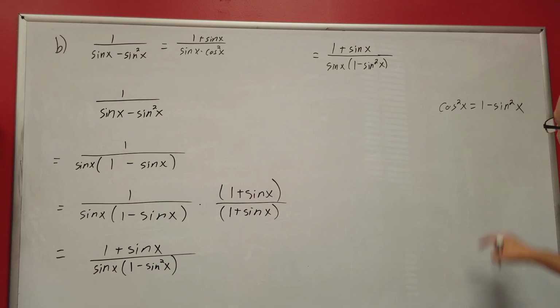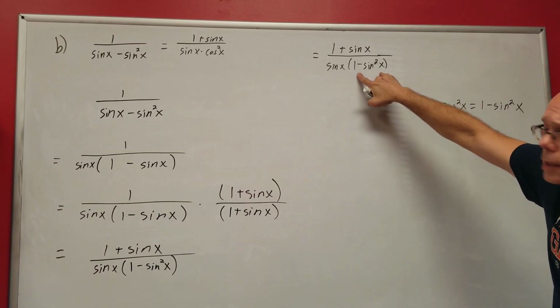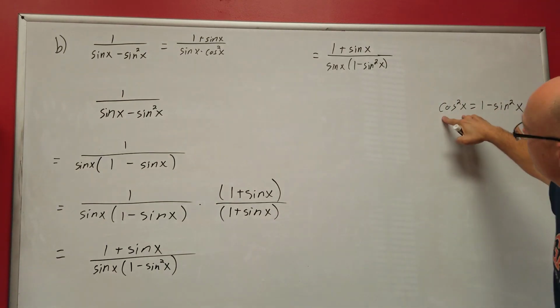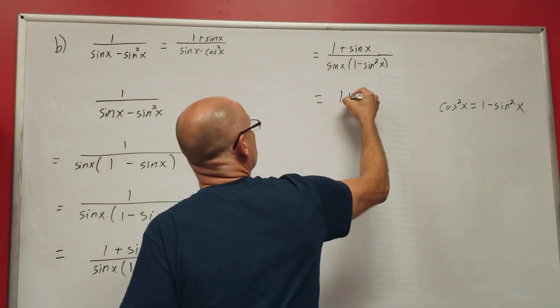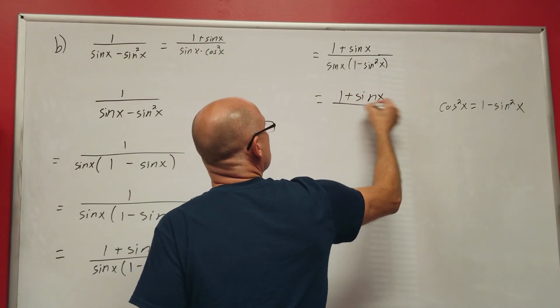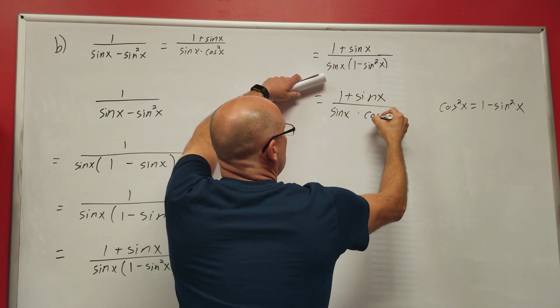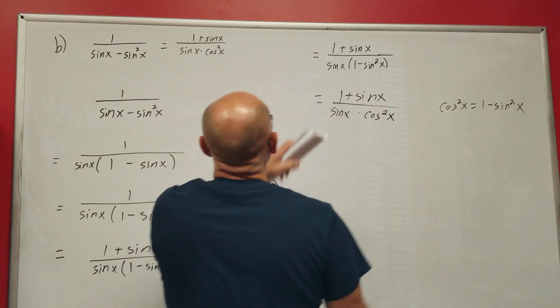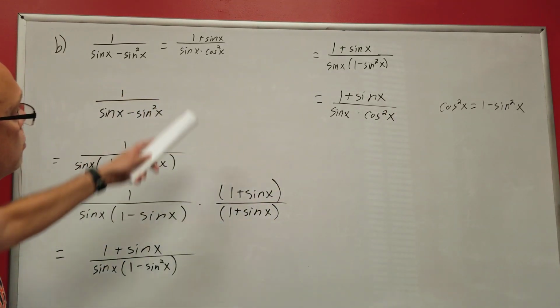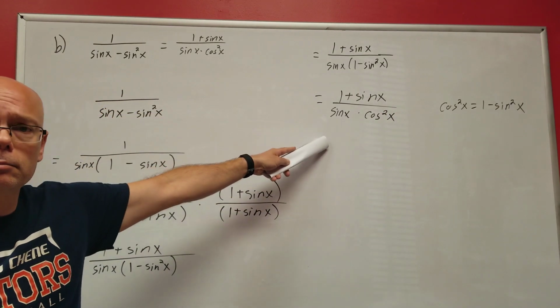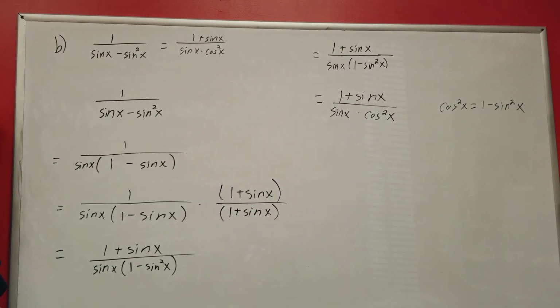Well, what's 1 minus sine squared of x? What can I replace that with? Cosine squared. So we have 1 plus sine of x over sine of x times cosine of x squared. Does that look like where I was trying to get? Sure does.